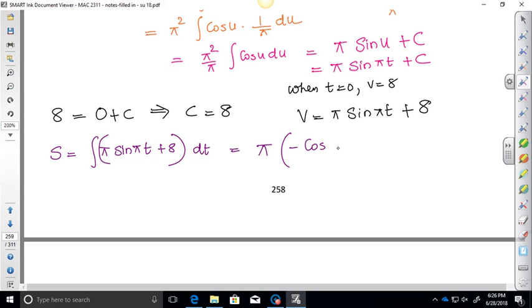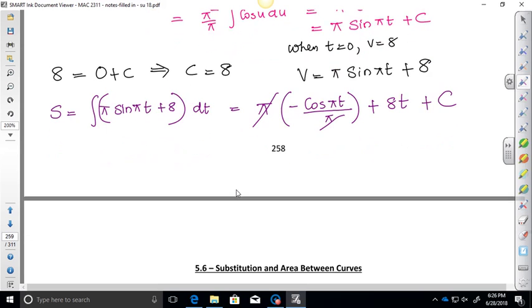Negative cosine pi t divided by pi, right? Then plus 8t plus c. So the position is negative cosine pi t plus 8t plus c.